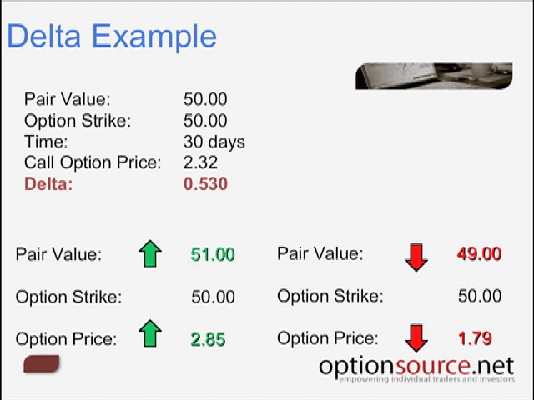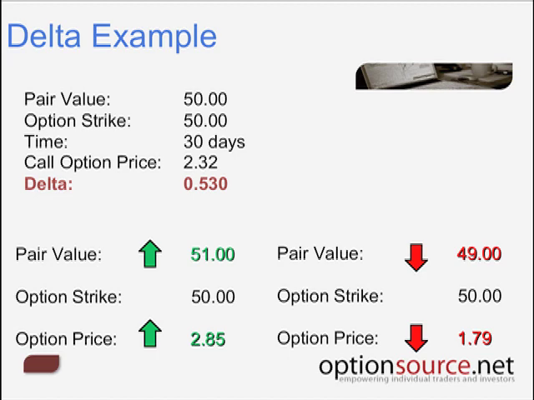So you can see that a 1 point increase in the pair has influenced that option contract to increase by the amount of its delta. And the more that underlying security increases, the higher the delta becomes, and the more influence that underlying has on the price of the option contract.